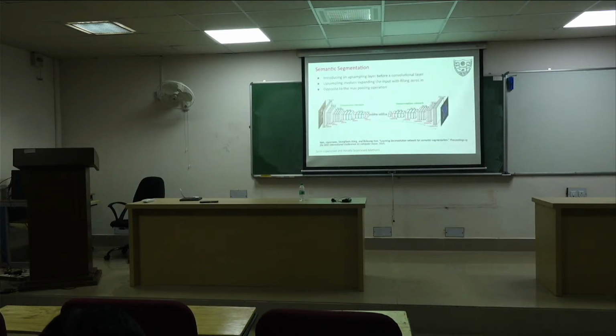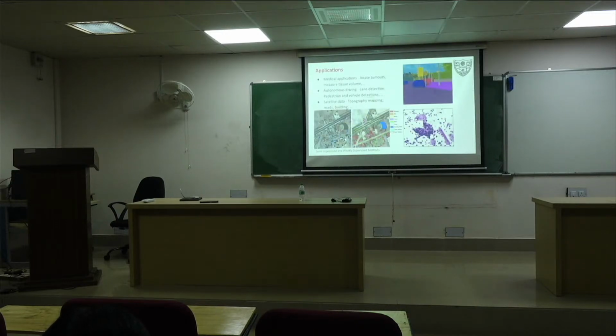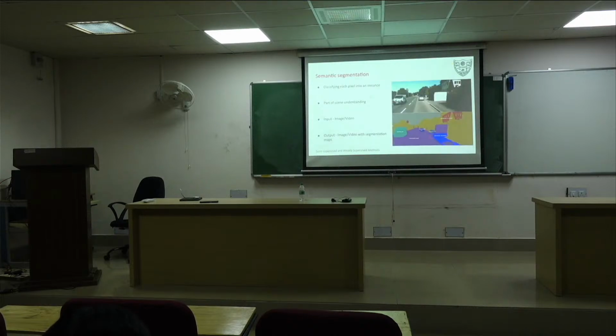In your driving problem, you have to identify vehicles separately, sky separately. It is a classification problem. So how do you implement instance-based segmentation? Like in a class of car, I have various models of car.